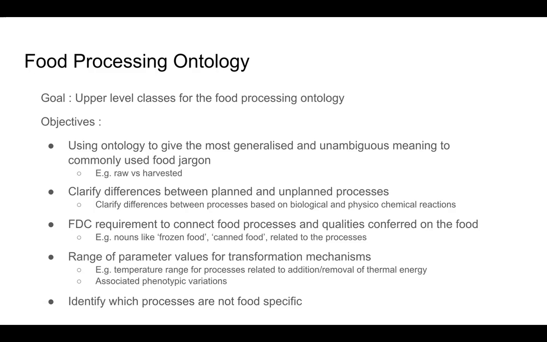For instance, the grinding size, or the mill size. One of the other things which we thought, which is not so use case specific, is to identify which processes are not only for food. To keep it as general, since we borrowed also from OBO, it makes sense to see which ones could be applied in other domains.